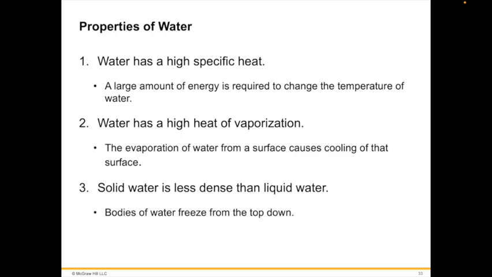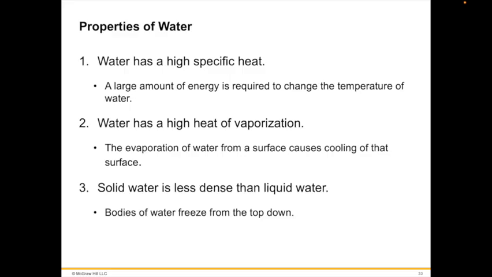Because of its high specific heat, water heats up more slowly than almost any other compound and holds its temperature longer. Because organisms have a high water content, water's high specific heat allows them to maintain a relatively constant internal temperature. The heat generated by the chemical reactions inside the cells would destroy the cells if not for the absorption of this heat by the water within them.